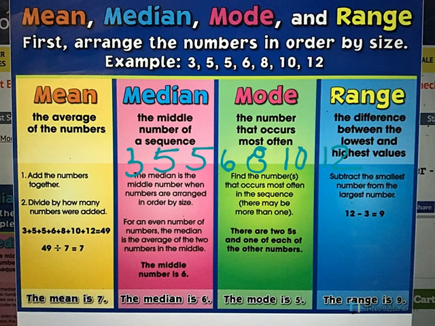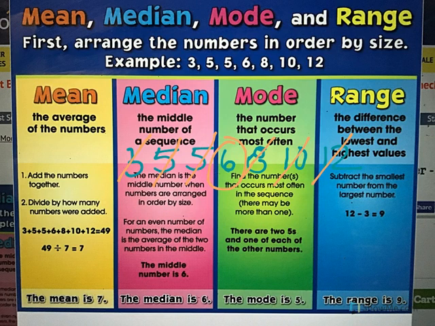Kind of see that? So now I am going to start to get rid of the numbers. 3, 12, 5, 10, 5, 8, and my middle number is 6. So 6 is my median.